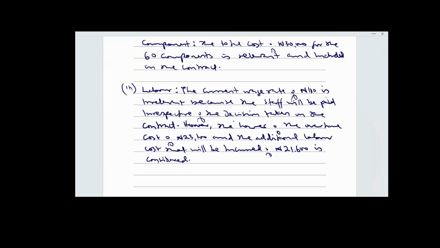So that's why we choose 21,600 since it is lower. Let's go to the next one. So the next one is bullet number 4. We're almost there.